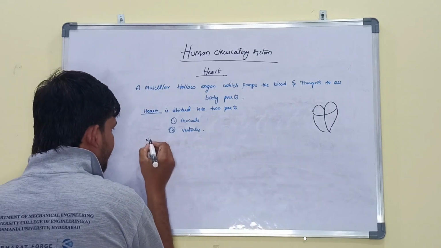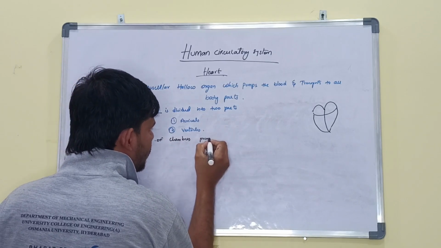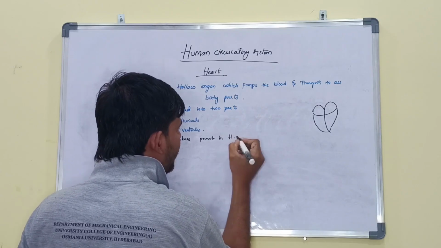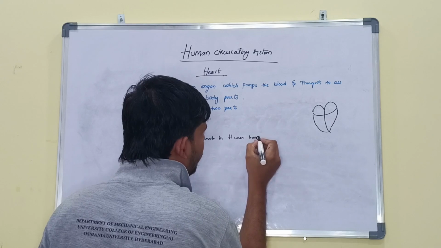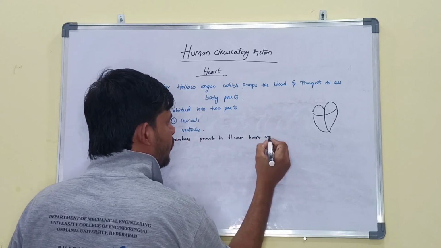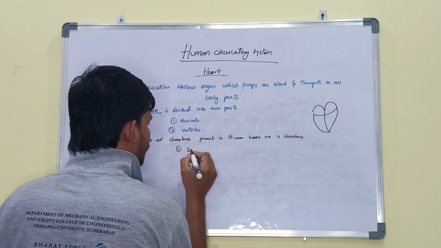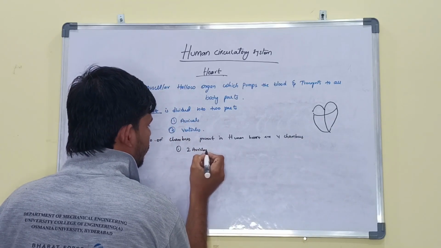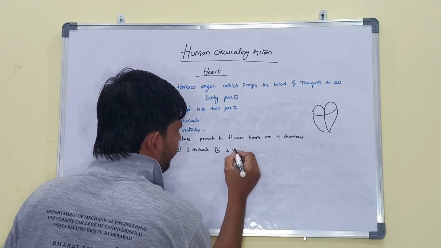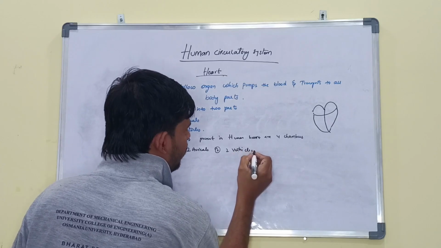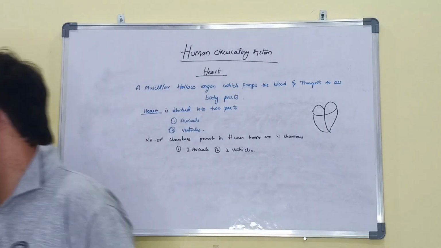And the number of chambers present in the human heart are four chambers, that are two auricles and two ventricles. Two auricles and two ventricles.